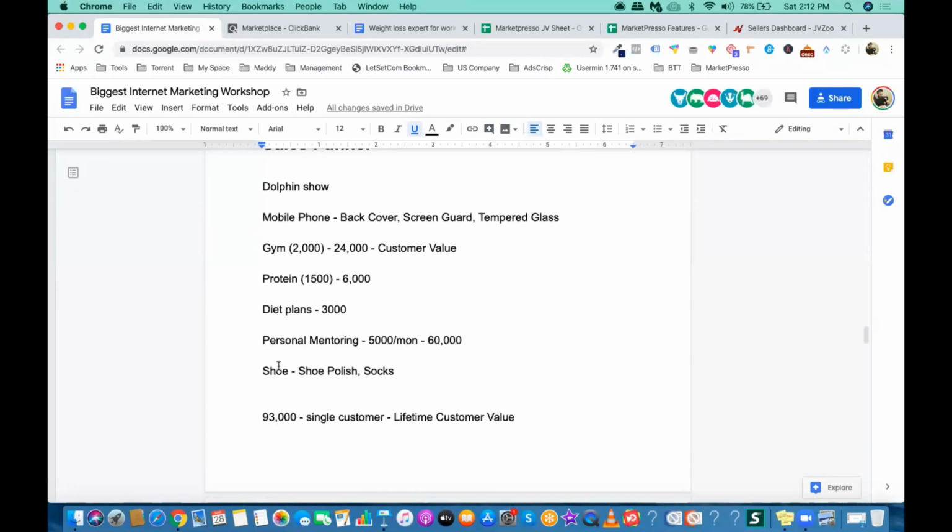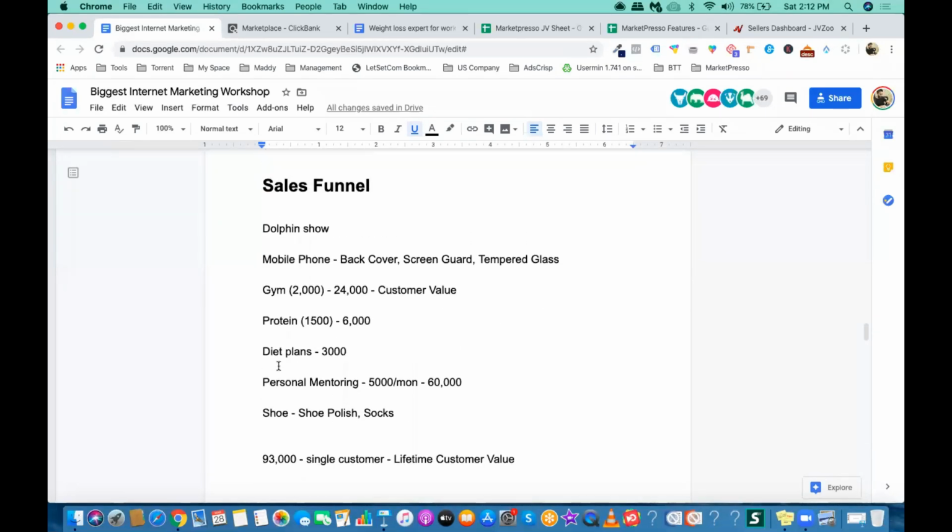Then we explained the example of a sales funnel. For example, when you go to a gym, they charge you 2,000 rupees per month for the gym membership. But once you have taken the membership, after 1 month, they come to you, tell you about the protein supplements, and ask you 1,500 rupees for that. A protein supplement runs for about 3 months, which means that in a span of 1 year, you will have to buy four of them.